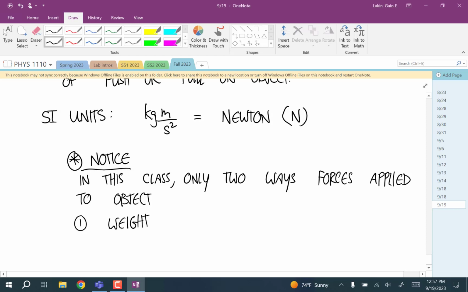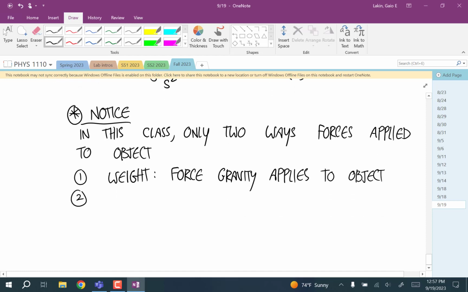That's the force that gravity applies to the object. And the only other way that force is applied is contact forces. And that's a force applied by contact with another object.